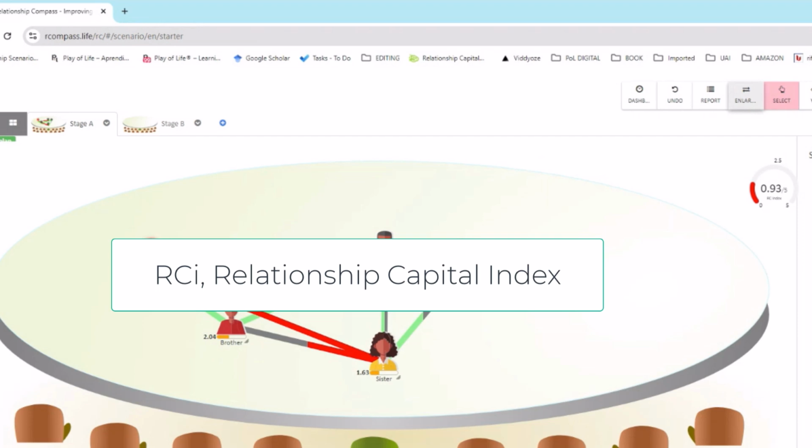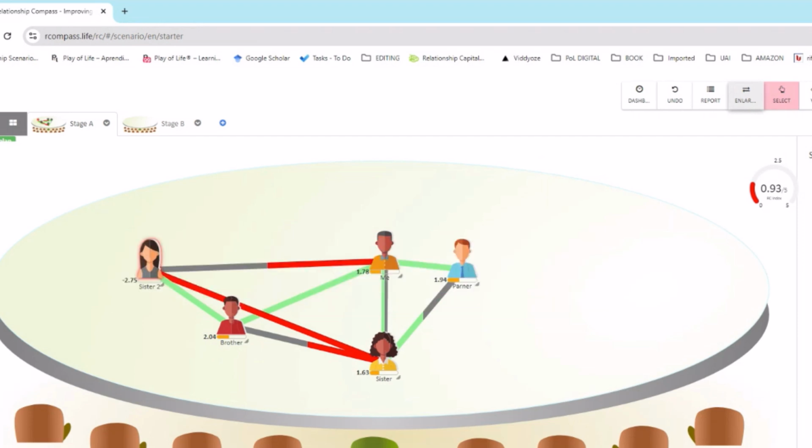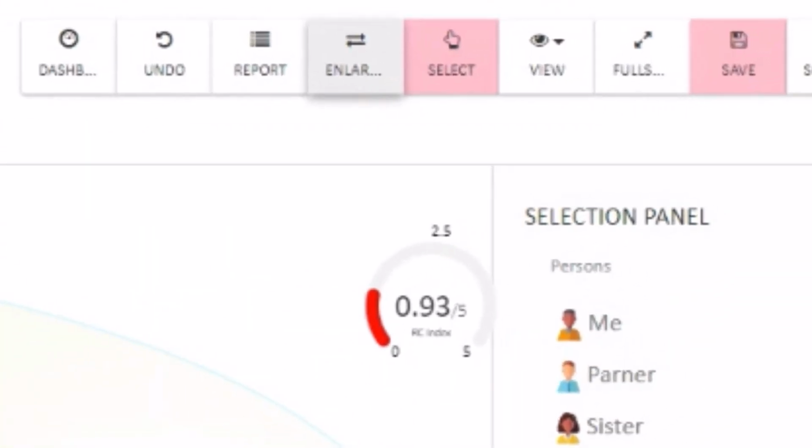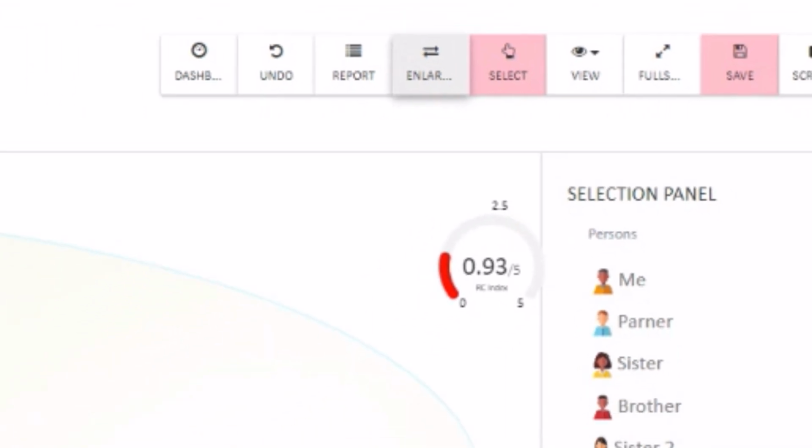This is measured from 1 to 5. So the relationship capital index of this social atom is 0.93. You can see that on the top. Yeah. So then we can go into that.